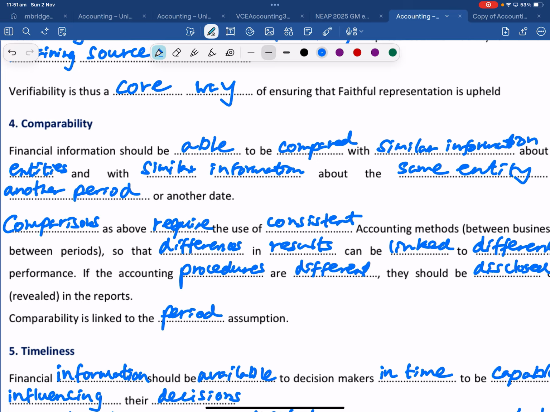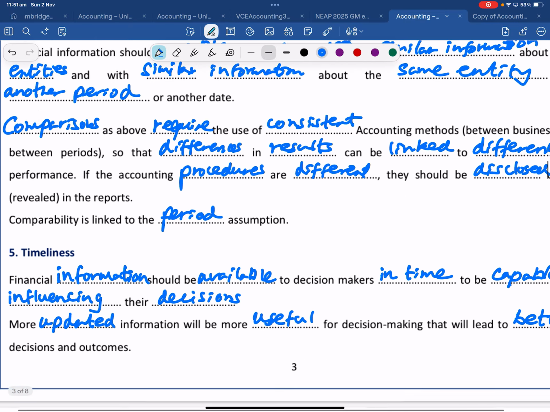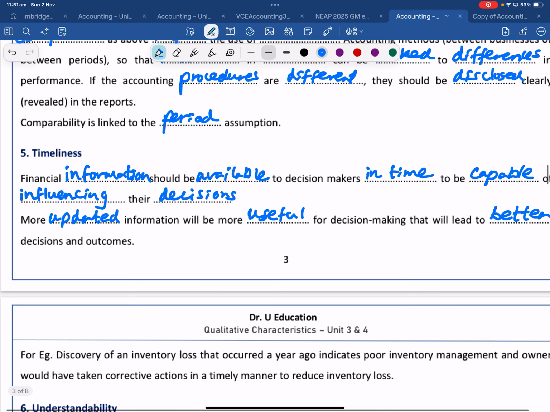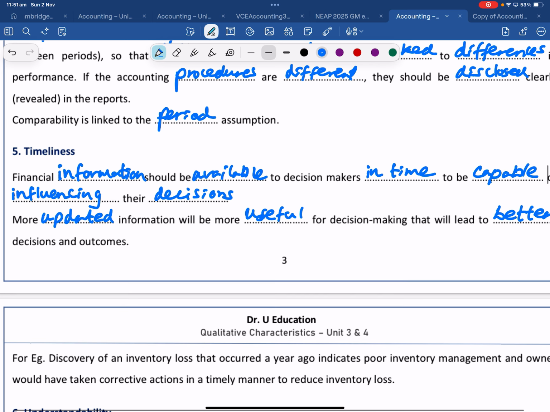Right. Then the next one, guys, timeliness. Timeliness is also pretty short. Timeliness is saying that the financial information should be available to decision makers in time.